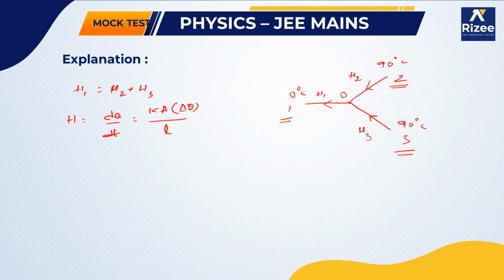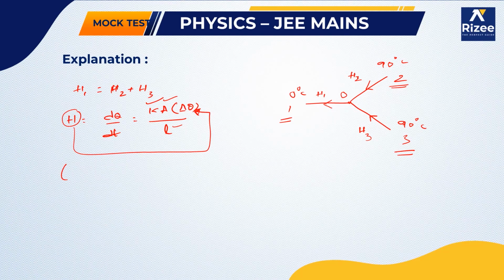So their thermal conductivity K is the same, the area of cross section is the same, and the length is also the same. That means the rate of heat flow is directly dependent upon the temperature difference. So instead of H1, H2, H3, I will replace the temperature differences across those lengths.